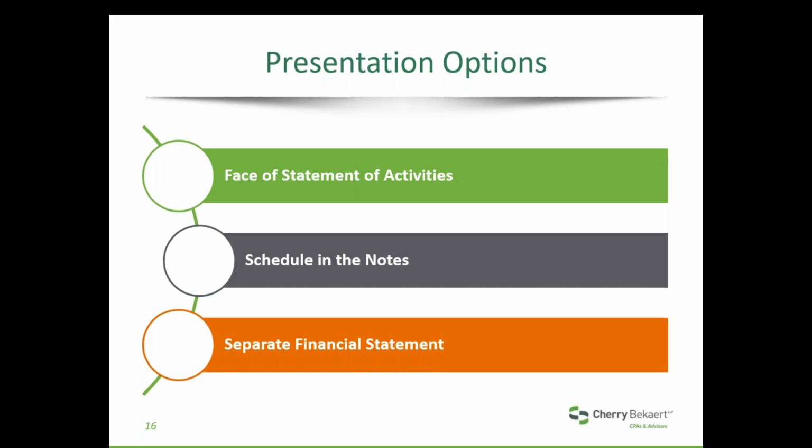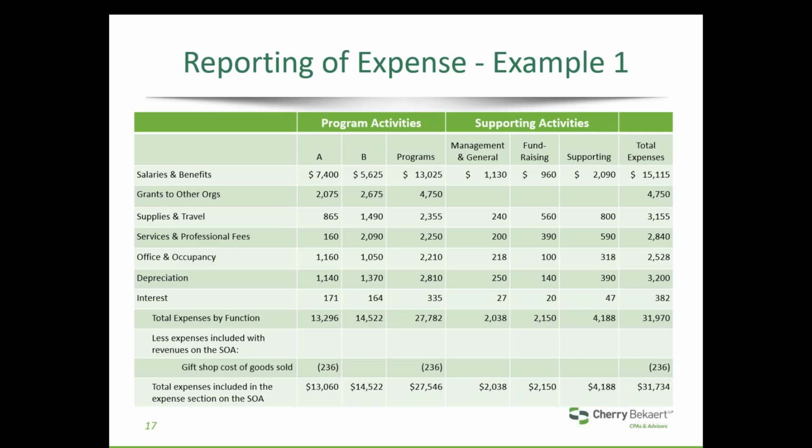Now we can walk through a few different examples. This example shows a few items at the bottom that are excluded from the functional expense requirement. In this example, you'll see that this entity has two programs, A and B, as well as supporting activities such as management and general and fundraising.